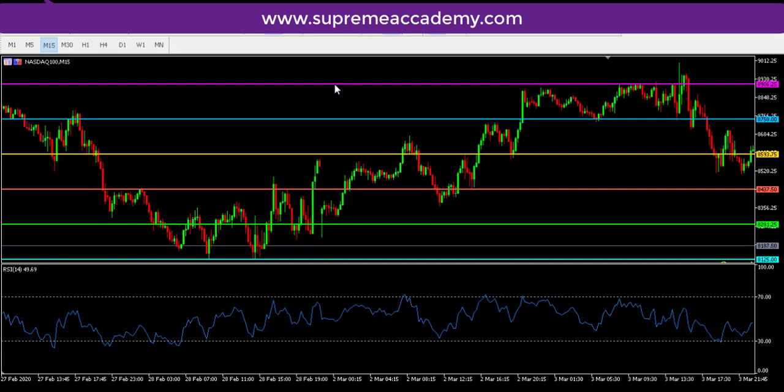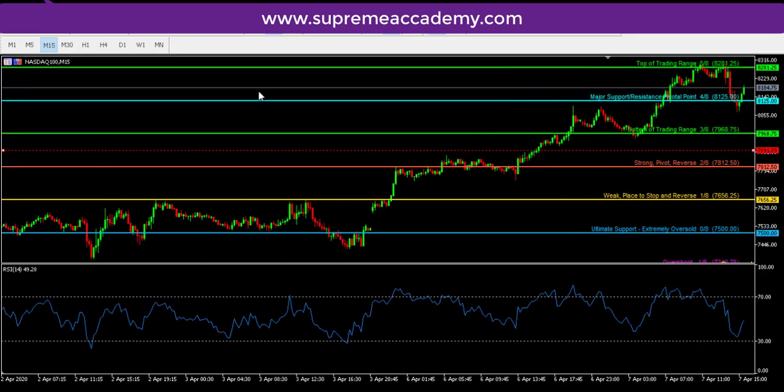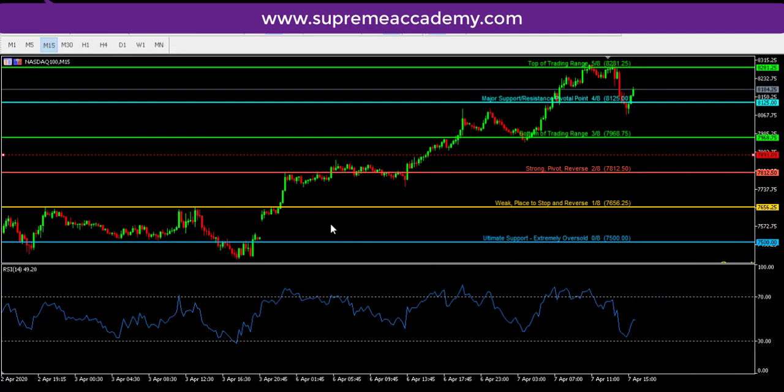For instance, this indicator here is an updated version of the Moremad indicator. It just calculates the pivot on these levels here based on the Moremad rule. So this is a simple indicator that you can use to trade Nasdaq very effectively.